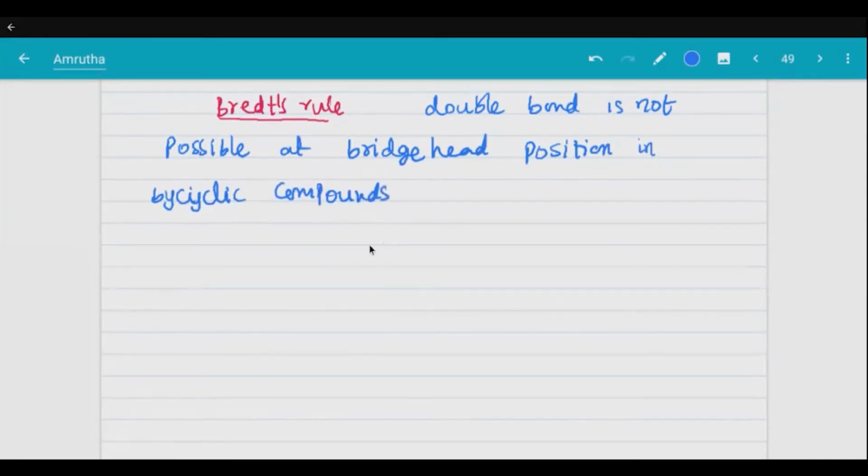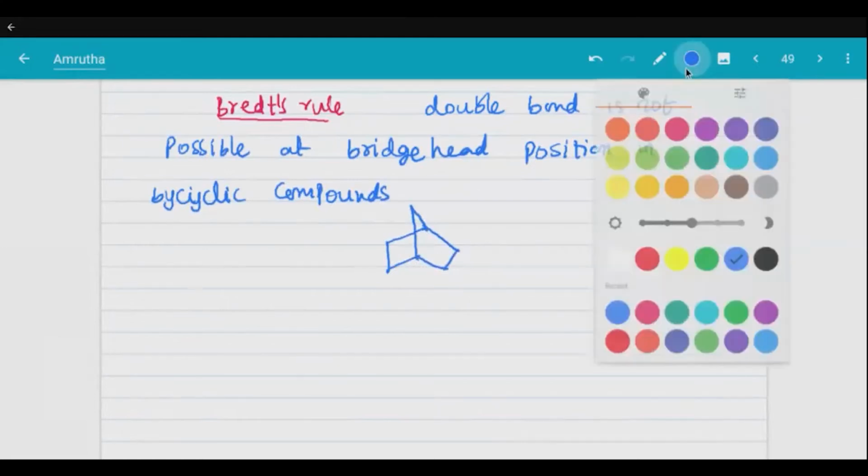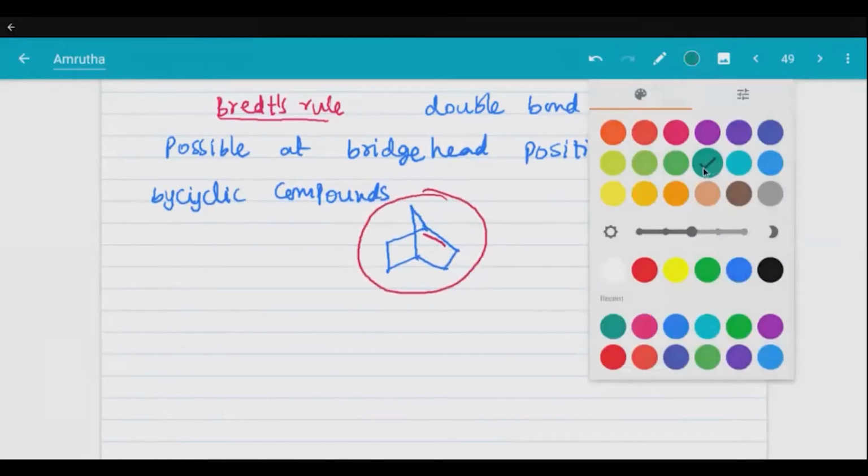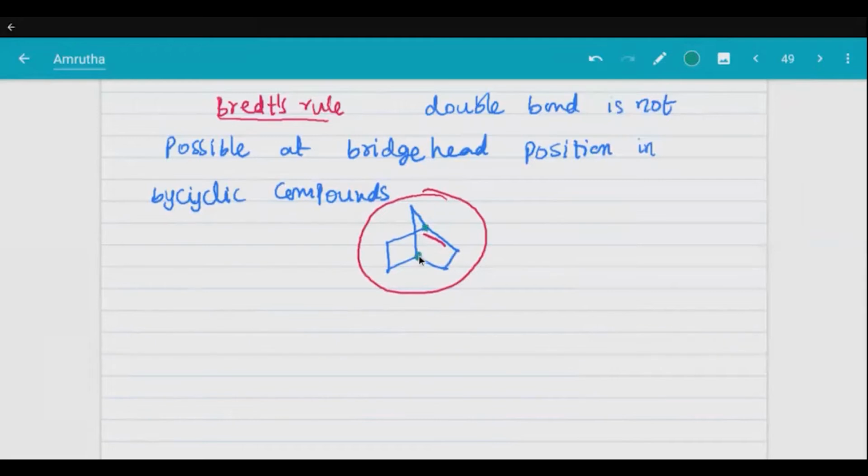See, this is a bicyclic compound, a bridged bicyclic. You can't have a double bond at this position, because these are bridgehead positions. The actual meaning is you can't bring these two atoms into the same plane, because bridged systems are very rigid, so you can't have all the carbon atoms in the same plane.